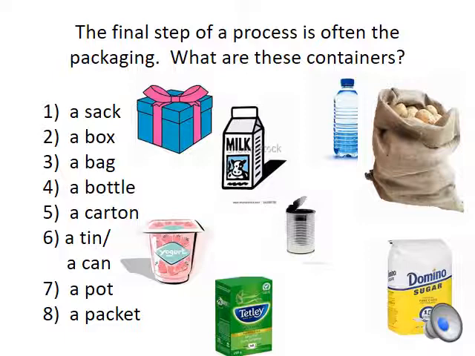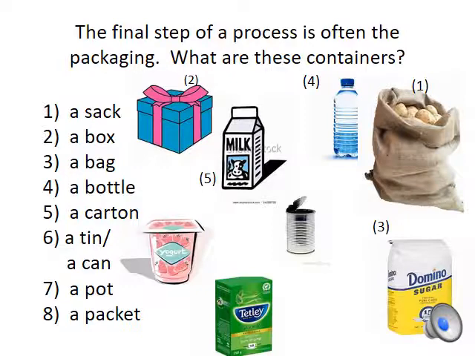Okay, let's do it together. So a sack. Number 1, a sack of potatoes. Number 2, a box, a cardboard box. Number 3, a bag, a paper bag, bag of sugar. A bottle, a plastic bottle of water.